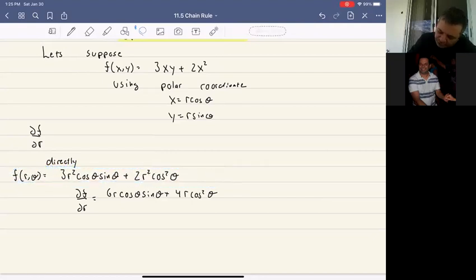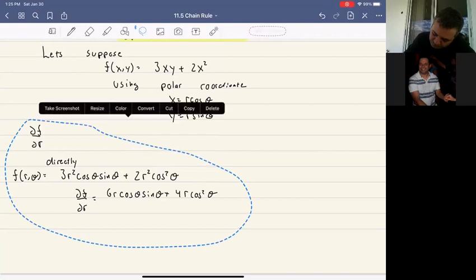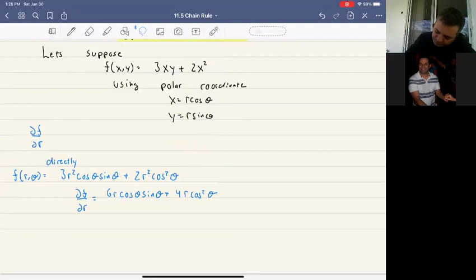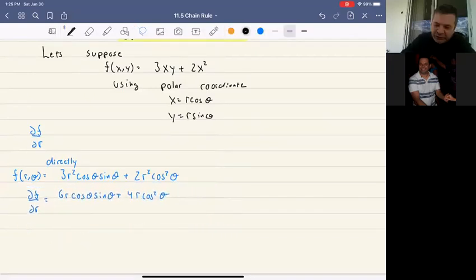We could also do this using the chain rule. Let's use the chain rule over here.